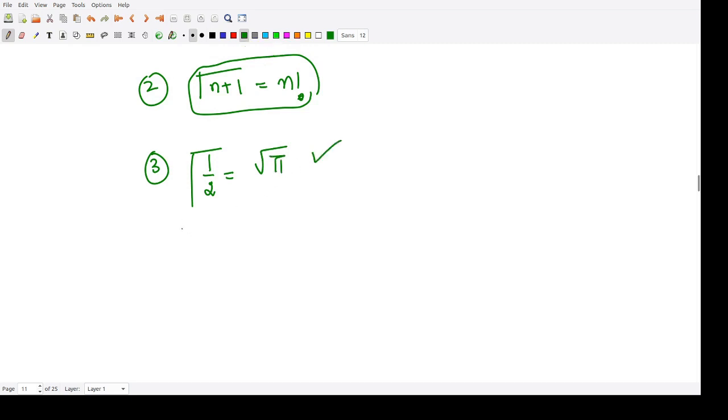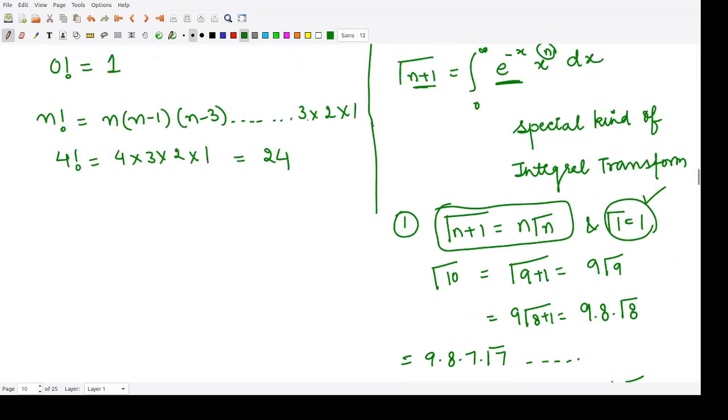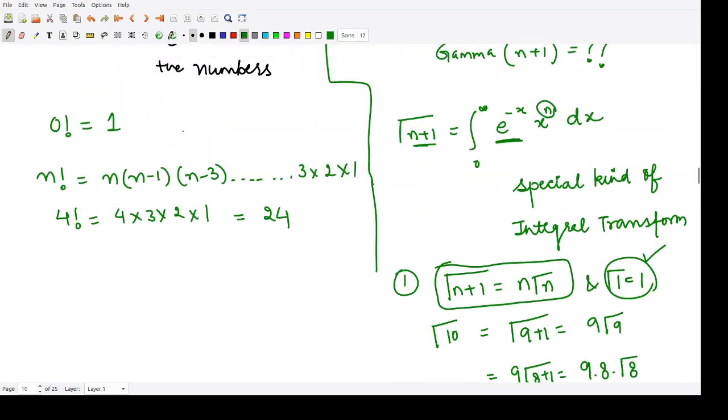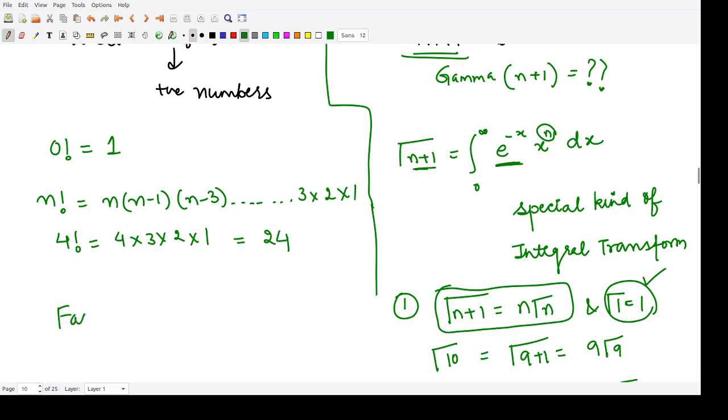And this gamma is required whenever you have these fraction terms, because the factorial is defined or calculated only for non-negative integers, because 0 is also included.